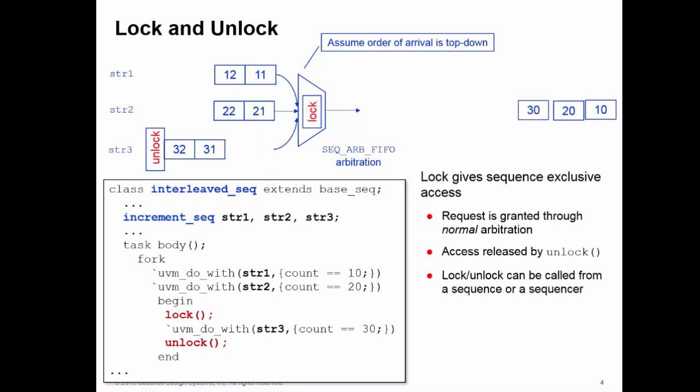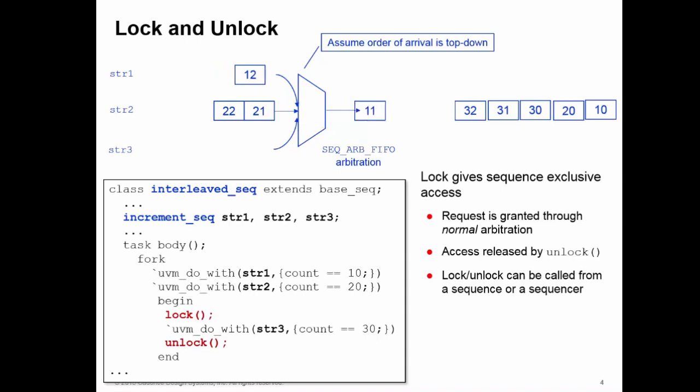This means it can continue executing all of its data items, okay, until we get as far as releasing the access using an unlock. Only when stream 3 has unlocked the sequencer can we revert back to selecting the items from stream 1 and stream 2, okay, taking the 11 and the 21.